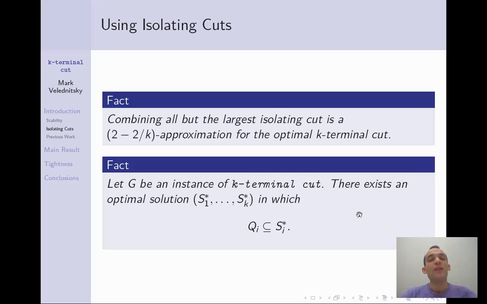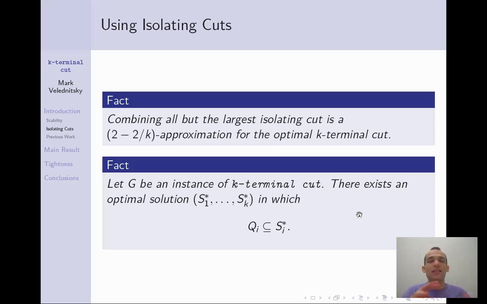And then if we're given an instance of the k-terminal cut problem, and we look at the source sets of the isolating cuts, then there will be an optimal cut in which the source set of the isolating cut is contained in the source set of the optimal cut.